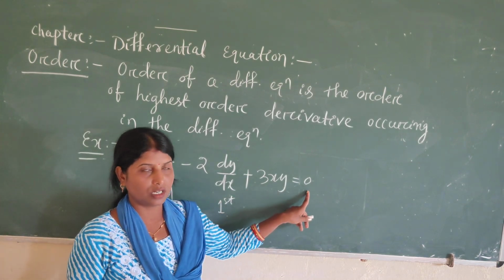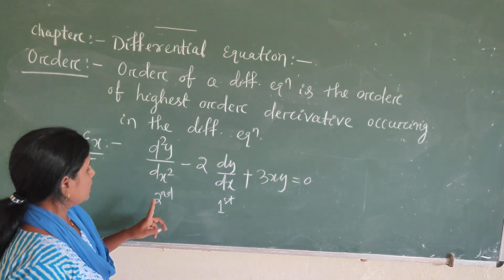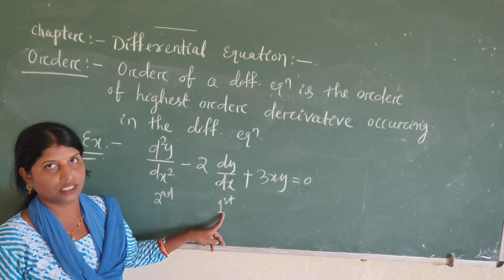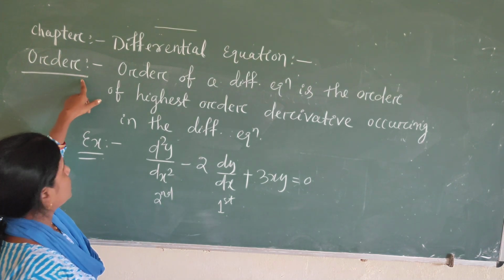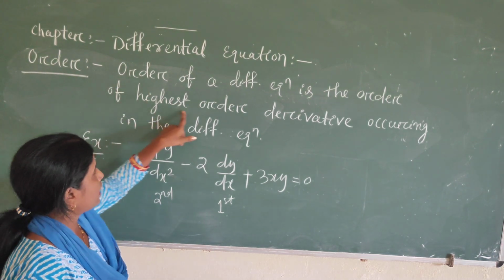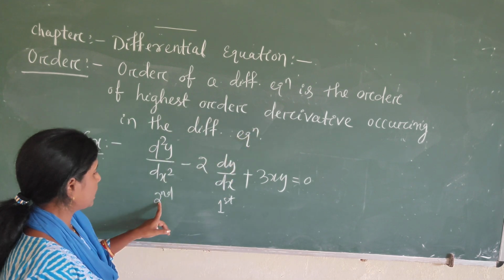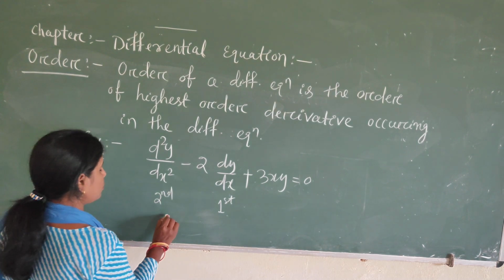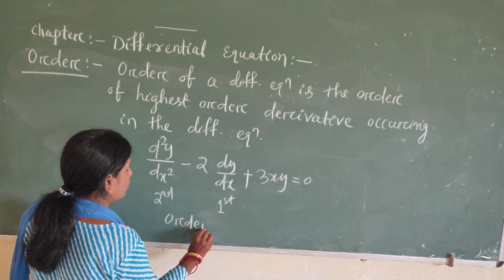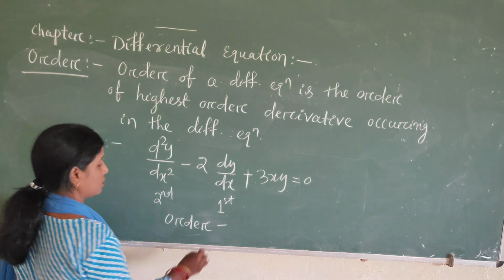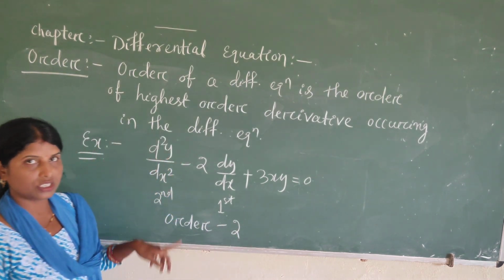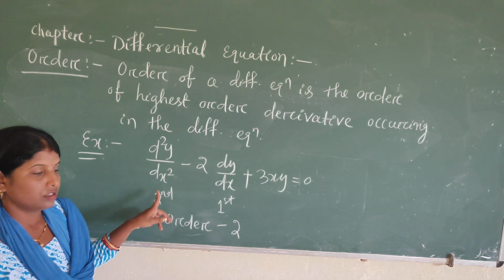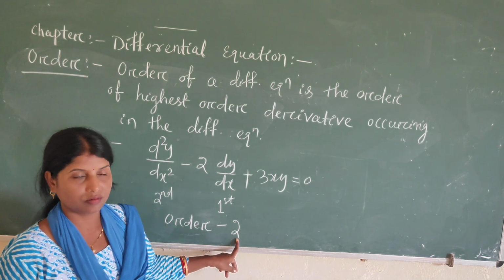Between second and first, the highest order derivative is the second derivative. So the order of the differential equation is 2.